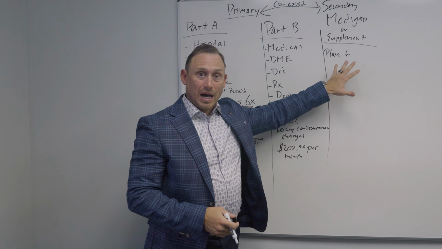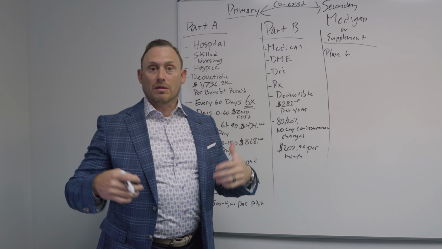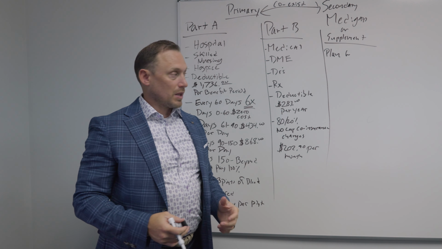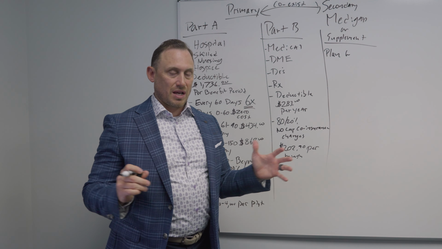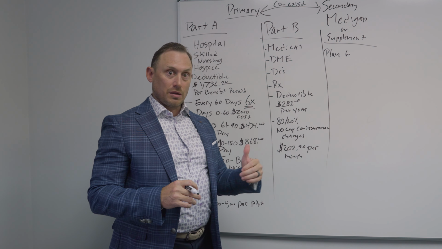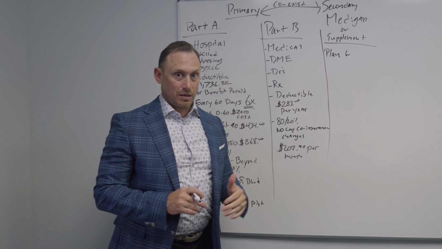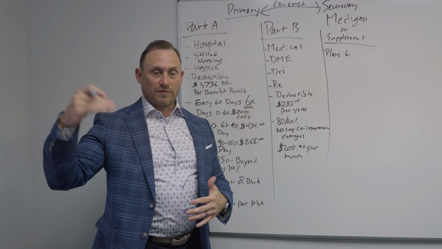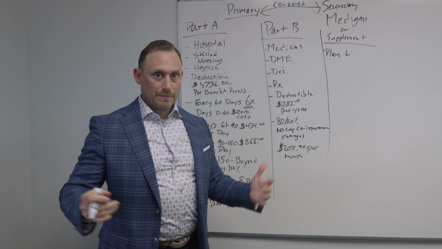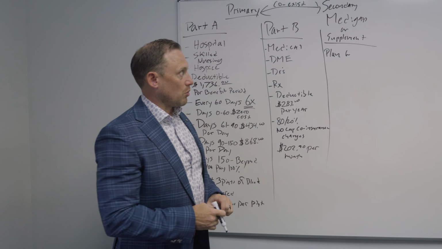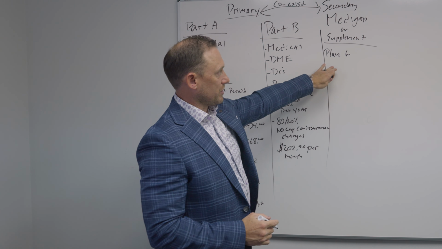It's also the most popular for the reason I just mentioned, because it's the most comprehensive on paper. So it doesn't matter where you purchase that plan through, meaning the insurance provider. Plan G is the most comprehensive health insurance you can get, whether you're someone who's 65, 70, or even if you're someone who's 50 years old or you're in your 20s. Plan G is the most comprehensive.